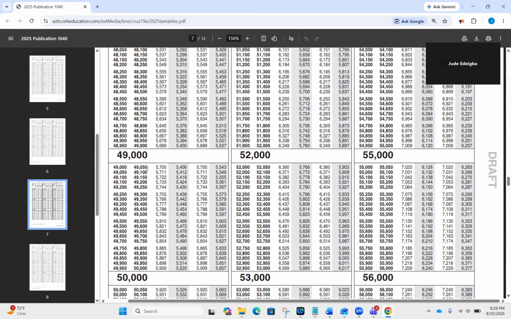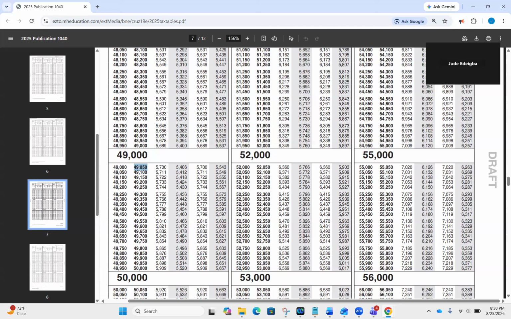So we usually look at the range in terms of the maximum, but in terms of looking at the minimum range, we will use that. So we wouldn't use a situation, for example, where we have $49,042. No, we would rather look at the nearest number that the $42 we earn falls within.